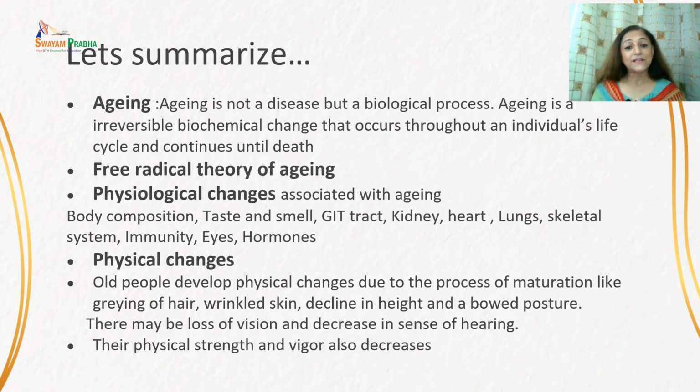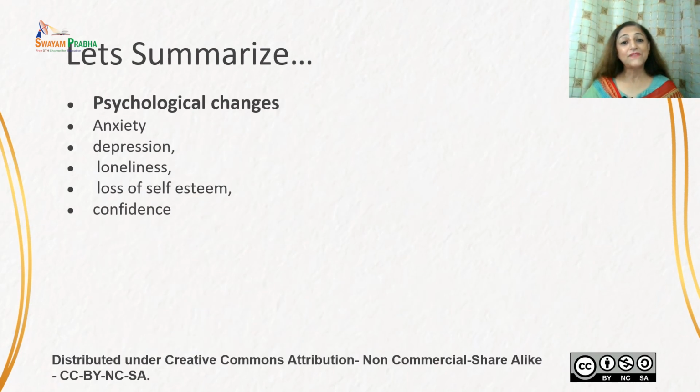They could also have loss of vision, decrease in the sense of hearing, and decrease in physical strength and vigor. And lastly, we studied the psychological changes, including anxiety, depression, loneliness, and loss of self-esteem and self-confidence among the elderly.